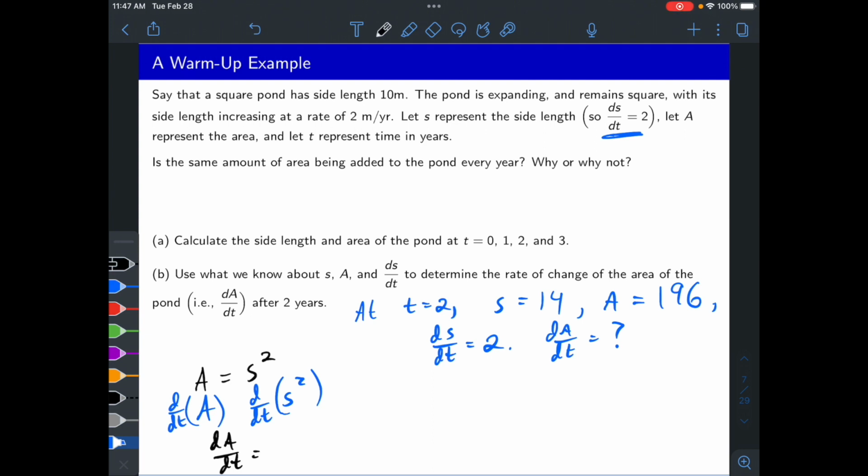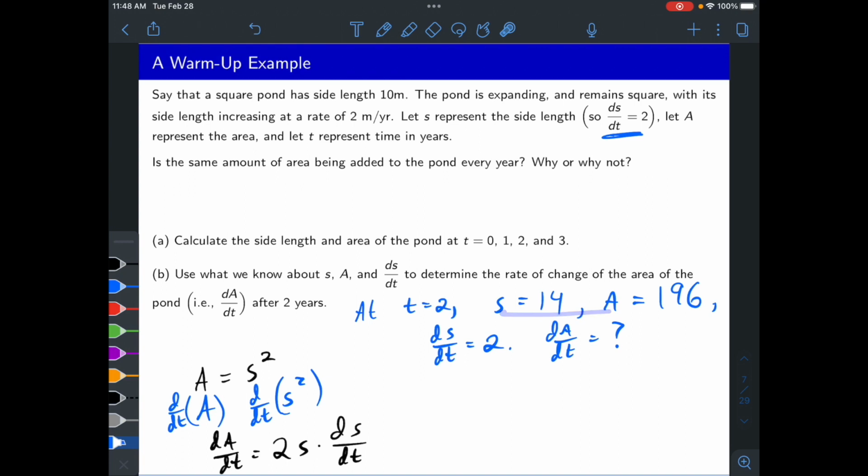Using implicit differentiation, a little bit of chain rule here, the derivative of s squared is 2s times ds/dt. And so now, once we have this equation relating our known quantities, we just do implicit differentiation, and we have obtained an equation relating the rates of change of those quantities.